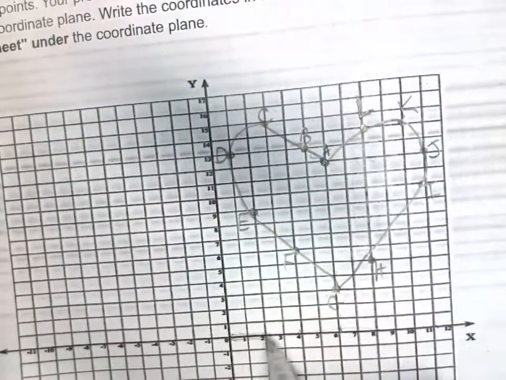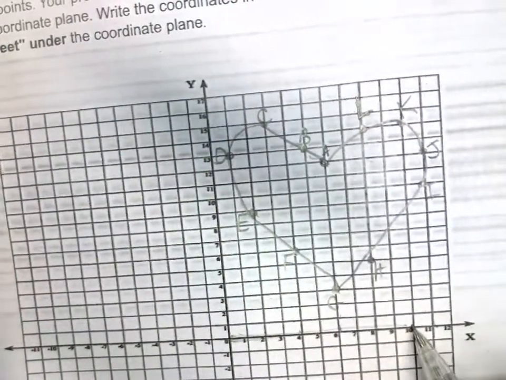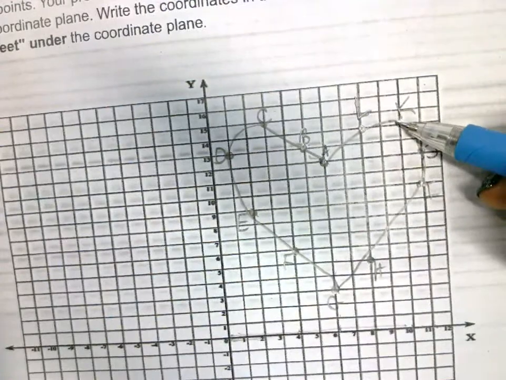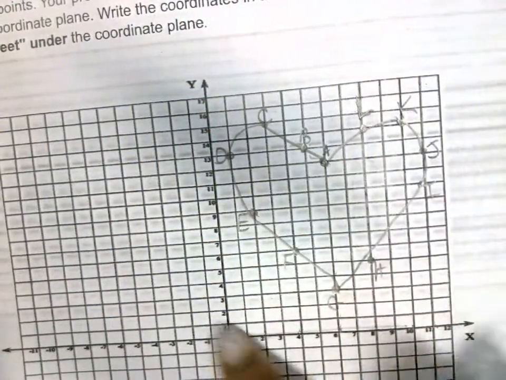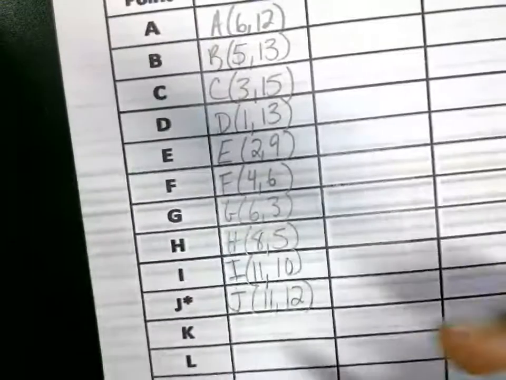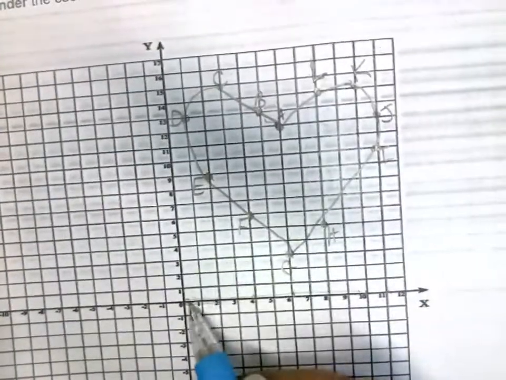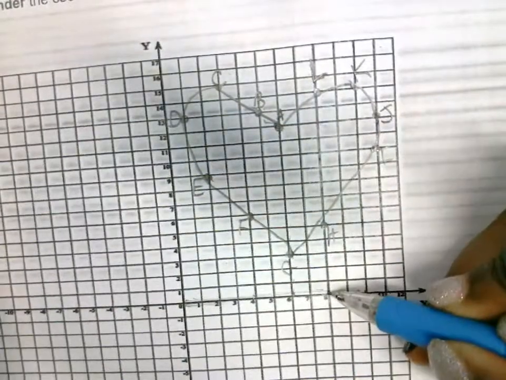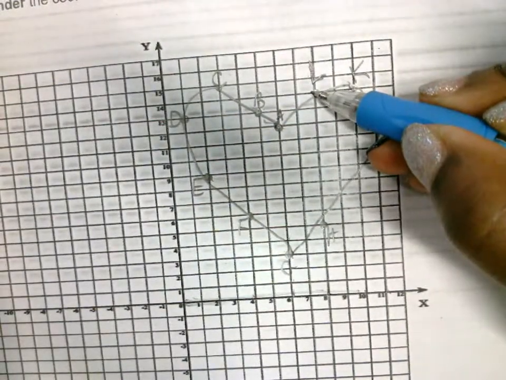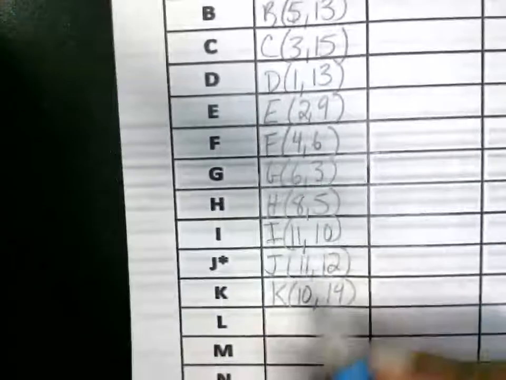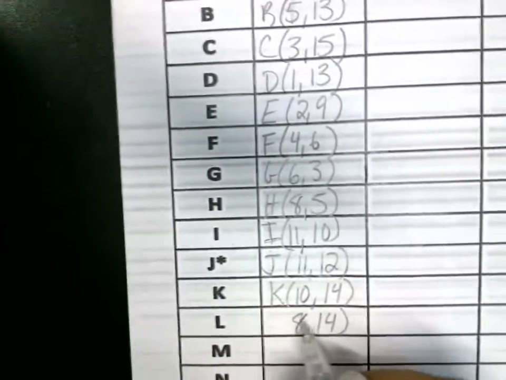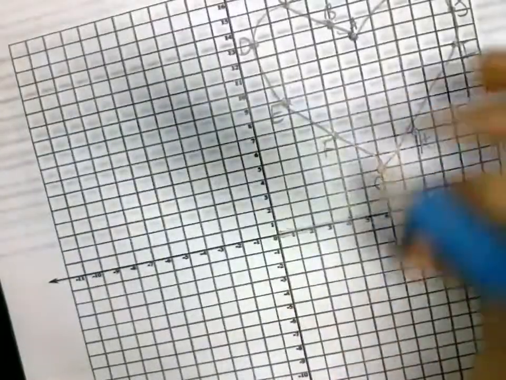K, let's see how far I go over for K. K is over 10 and up to 14. L is over 8 and up 14. 8, 14 is L. And then we are back at A again.